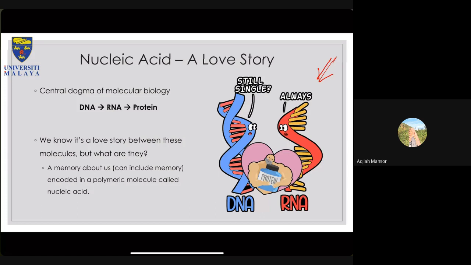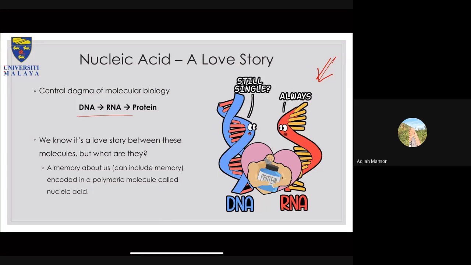So we've looked at the central dogma of molecular biology, whereby DNA produces RNA, and then RNA produces protein. That is the basic. But I also mentioned that RNA can also transform into DNA. Biologically it's possible. Of course, chemically it's always possible, you can always do whatever you want.